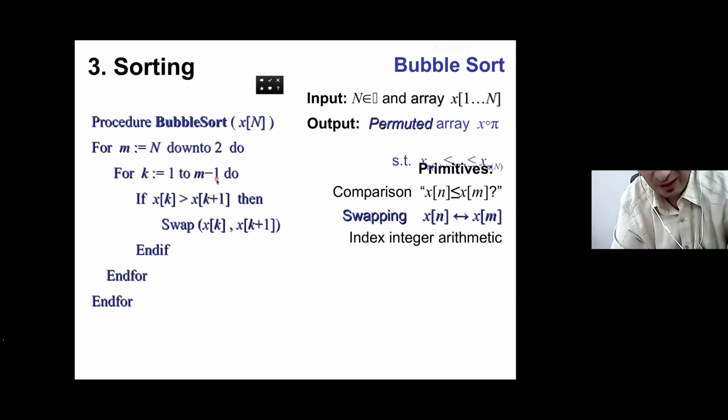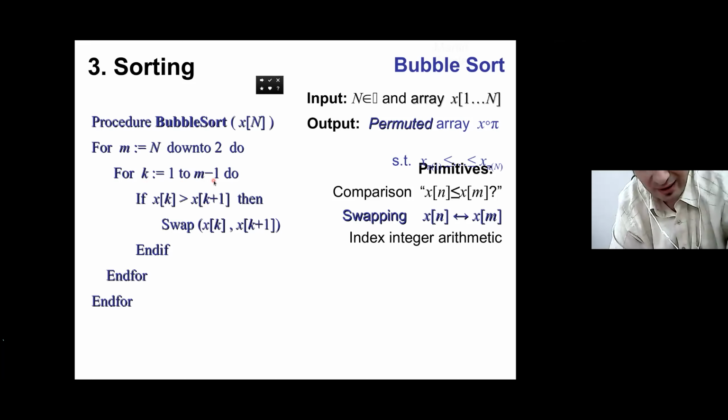And what happens after this iteration, after this inner loop is finished, is that x m will be the largest of the elements x 1 to x m.